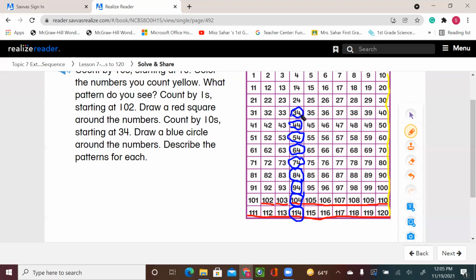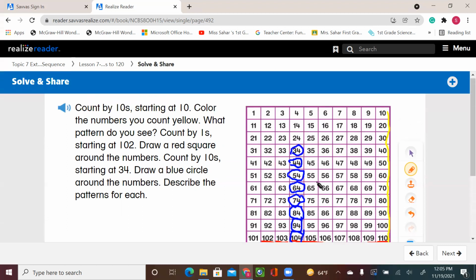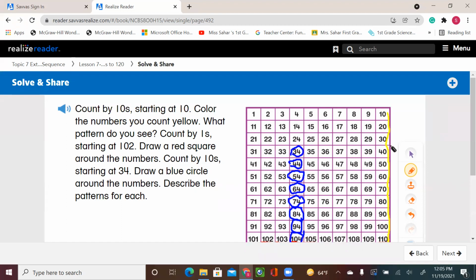I see that the ones remain the same, 4, and I can see that the tens go up by 1. So from 3, 4, 5, 6, 7, 8, 9, 10, 11. So that's what we have. The last column in my 100 chart, the zeros are the same, and the tens go up by 1.